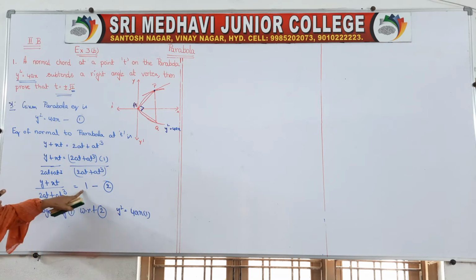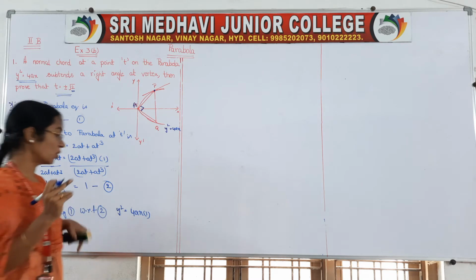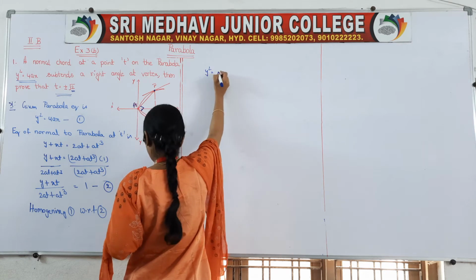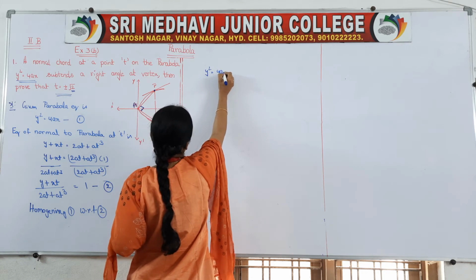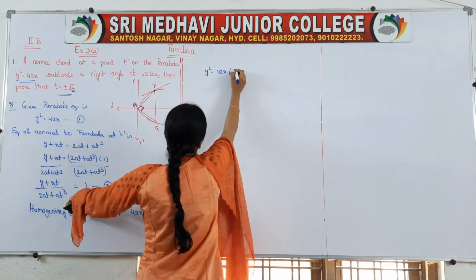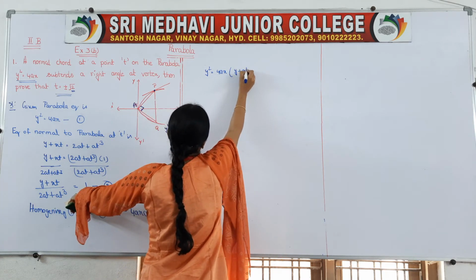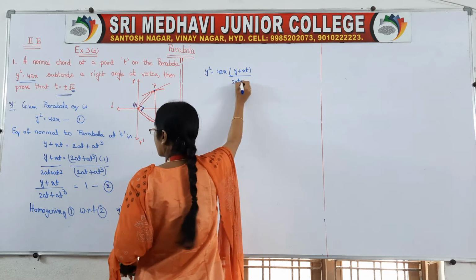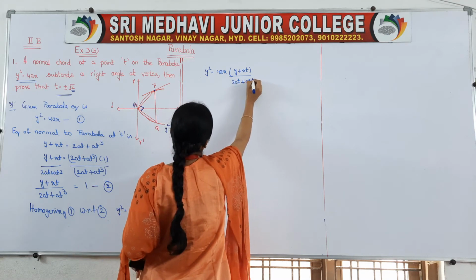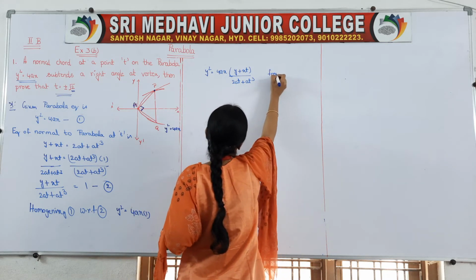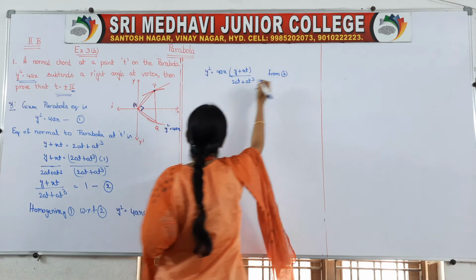In place of 1 we have to substitute this value from equation 2. So we write y square is equal to 4ax into 1 from 2. What is that? It is (y plus xt) by (2at plus at cube). This is from the second equation.